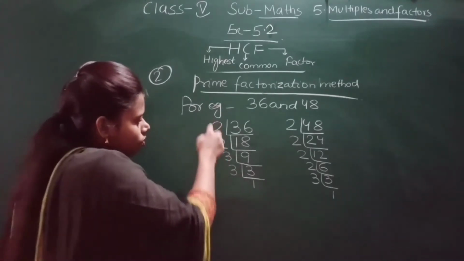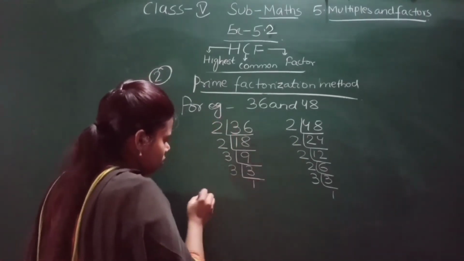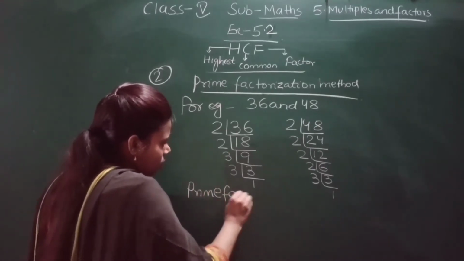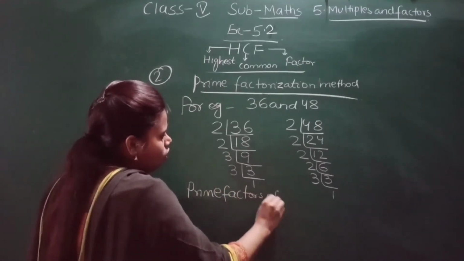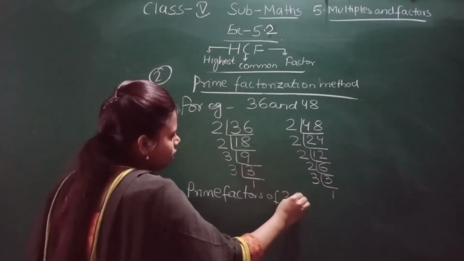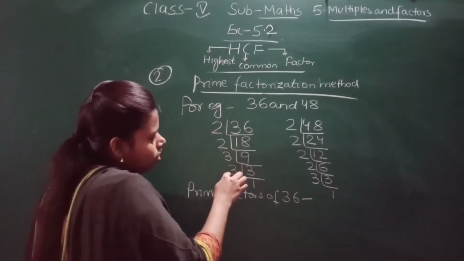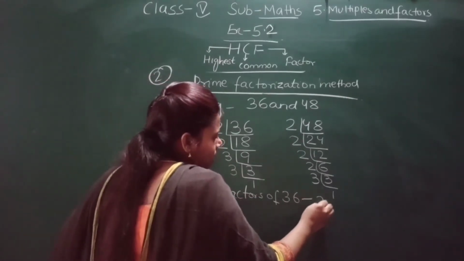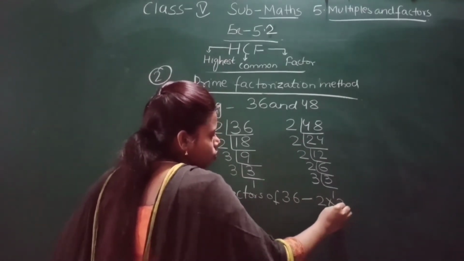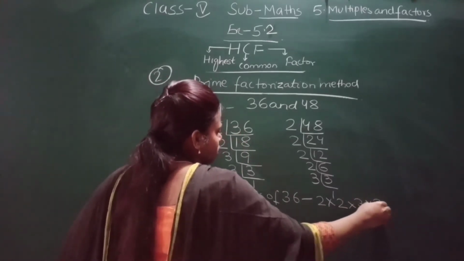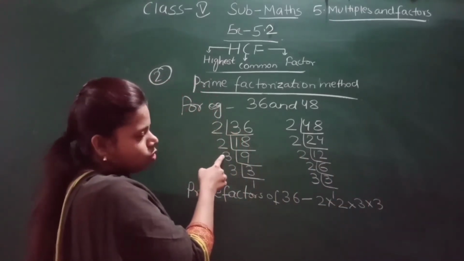Now what you have to do? We will write all these prime factors. Prime factors of 36 we will write first. So what are they? How many are there? Two 2s are there and two 3s are there. That means you write like this: 2 into 2 into 3 into 3.